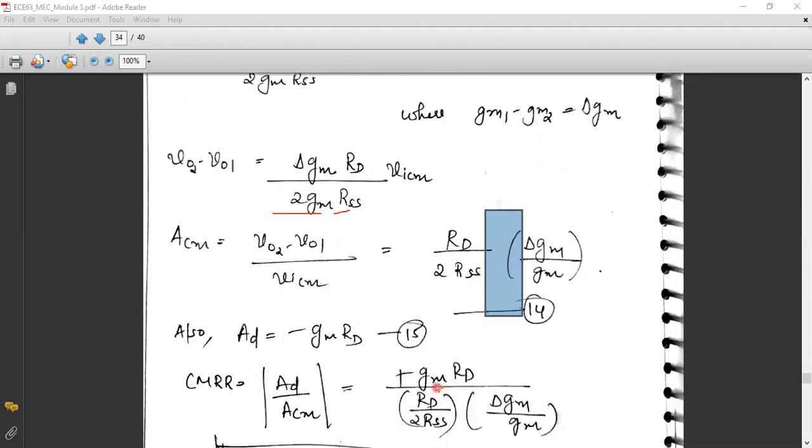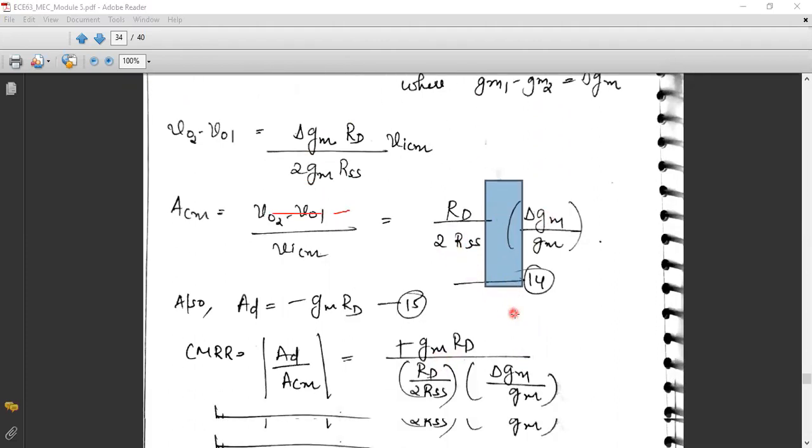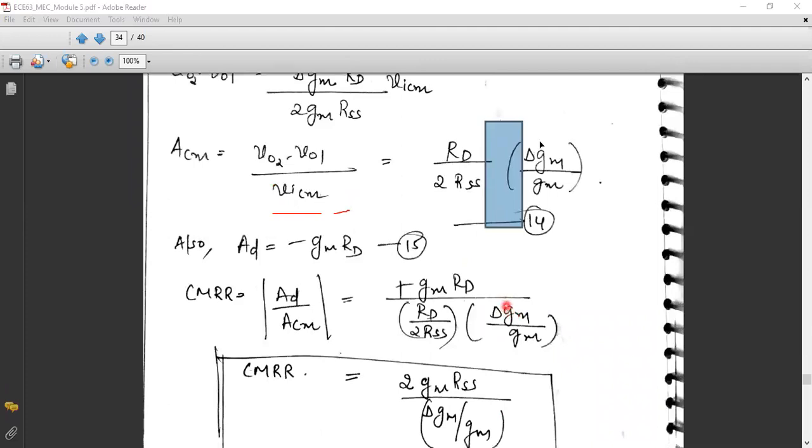So divide GM RD by RD by 2RSS into delta GM by GM. So what all things have you cancelled? RD can be cancelled, right? And 2RSS will come to the numerator along with the GM. So the numerator will become 2GM into RSS, and RD will get cancelled, divided by, and in the denominator you are having delta GM by GM.